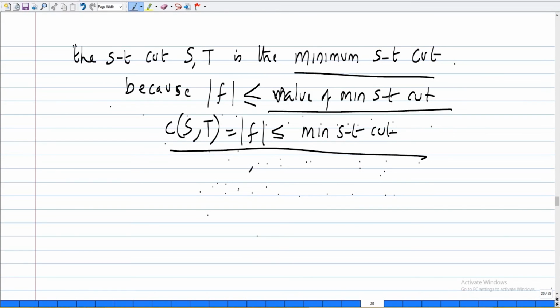Therefore, C of s comma t is the value of the minimum ST cut. The capacity of s comma t is the value of the minimum ST cut. So if you find the max flow, then look at all the vertices reachable from S, that is the minimum ST cut.